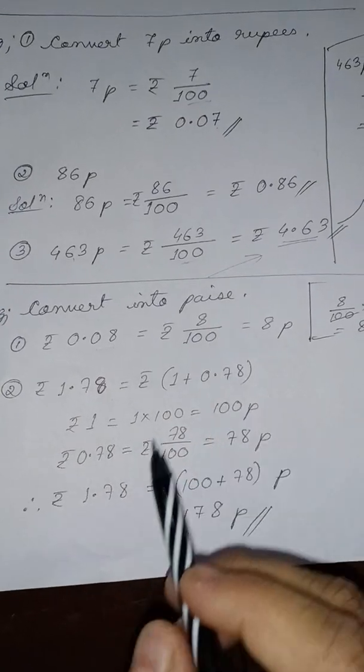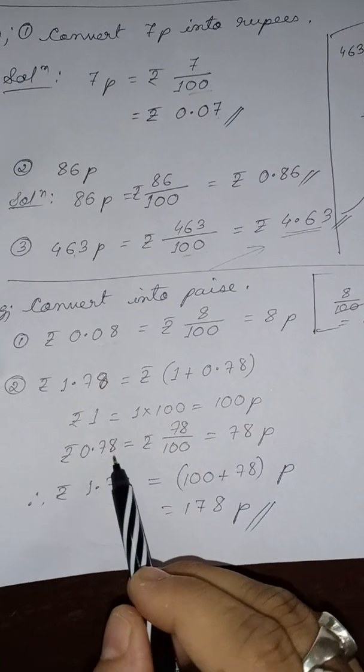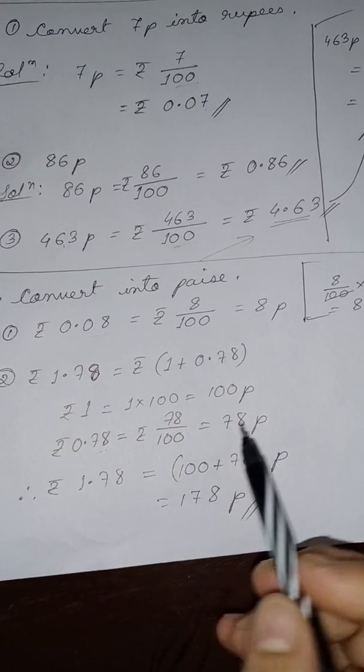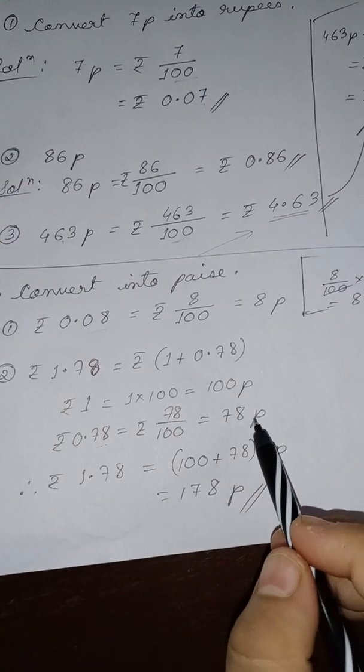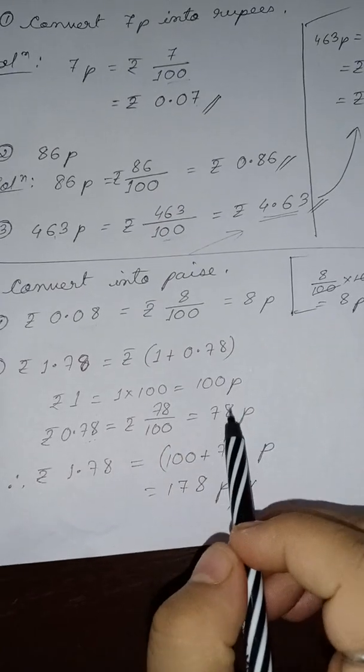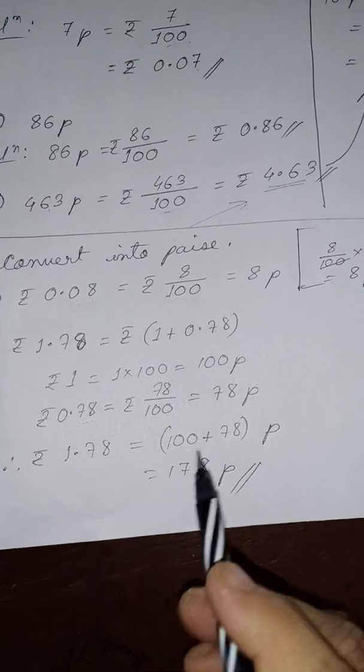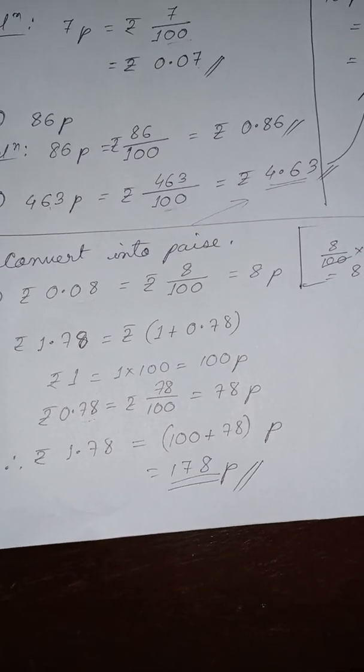So I'll do it in this way. 78, now because two decimal places, so by 100. So 78 by 100 will be 78 paisa. So you got 100 paisa and 78 paisa. These two will be totaled. 100 plus 78, 178 paisa. So 1.78 is equal to 178 paisa.